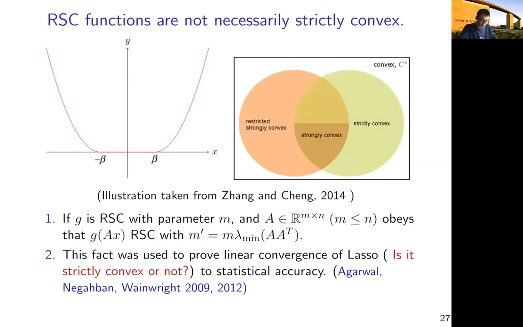So this allows us to talk about a high-dimensional Hessian that has a lot of zero eigenvalues, but if the solution happens to be within the span of the eigenvectors corresponding to non-zero eigenvalues, then the function actually satisfies restricted strong convexity.